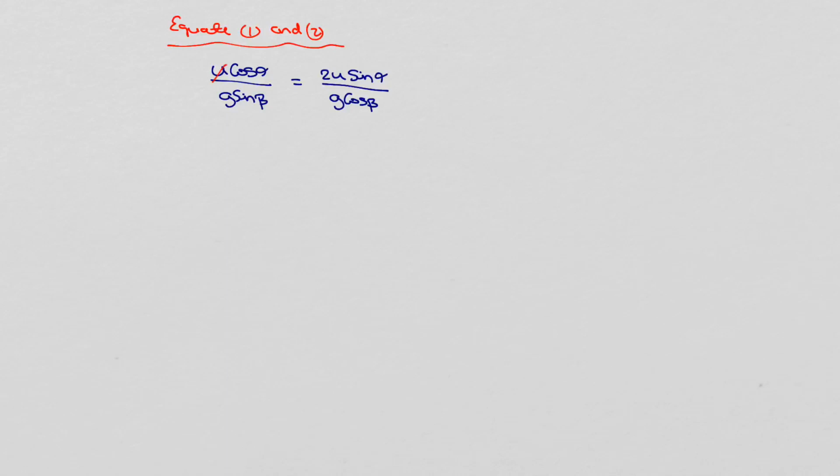So I can see my u is gone on both sides if I divide both sides across by u. If I multiply both sides across by g, my g is also gone. And now what I can see is I have a lowest common denominator, which is sine beta cos beta. So you can either multiply across there by your lowest common denominator if you want, or you can think about what it is you want to be left with.